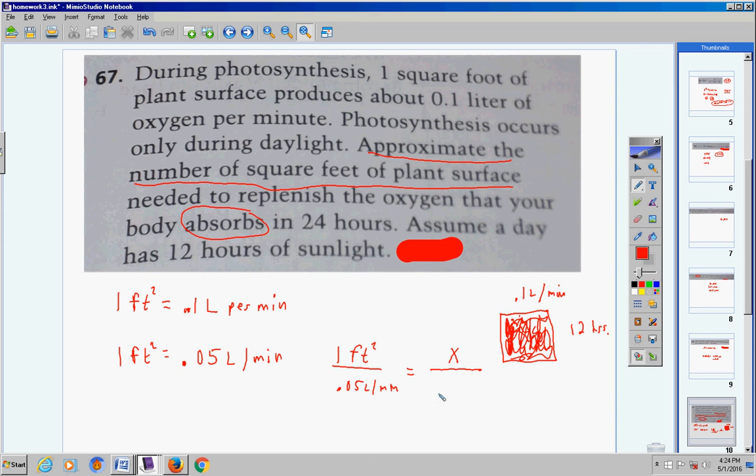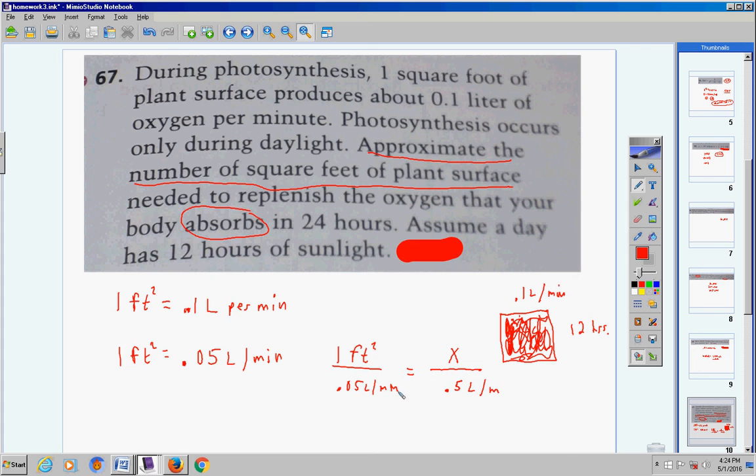So if I'm losing this much here, liters per minute, which I am, then over here I need how many liters per minute? I need 0.5, right? That's what it says. If you look at the paragraph above number 64, it says every minute you absorb 0.5 liters of oxygen. So 0.5 liters per minute.